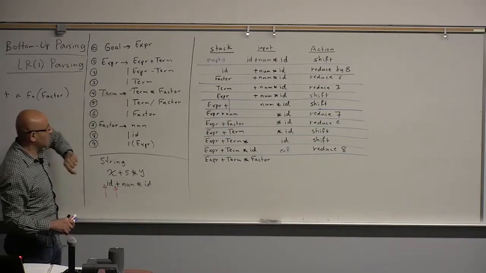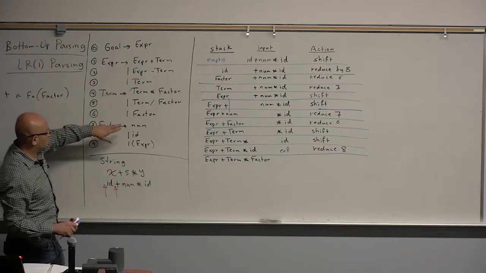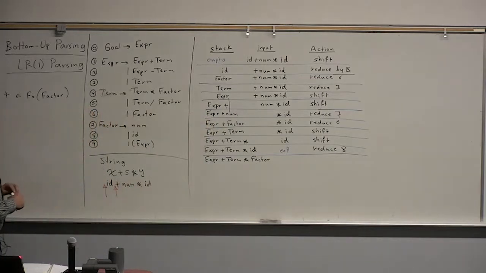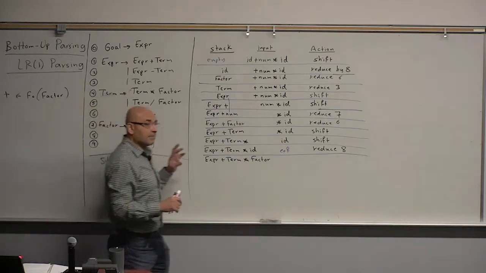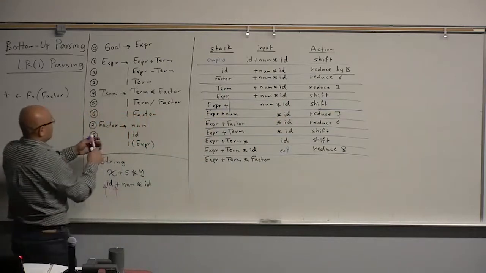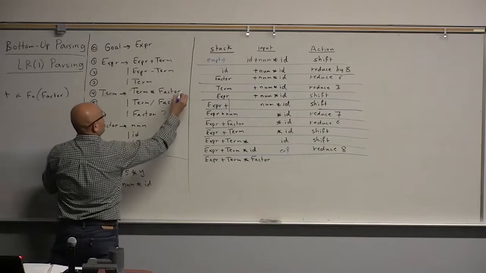Term times factor, or I can substitute term for factor. Now this is here. It's not obvious. I don't have an obvious way of telling which of these two possible substitutions, this or this.